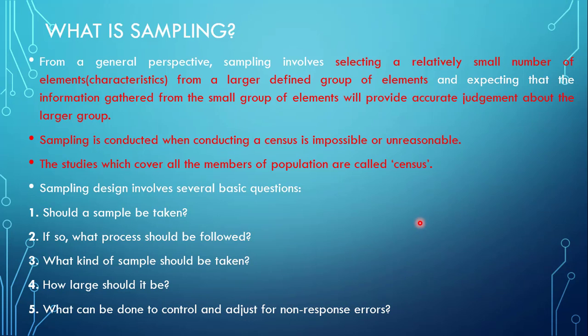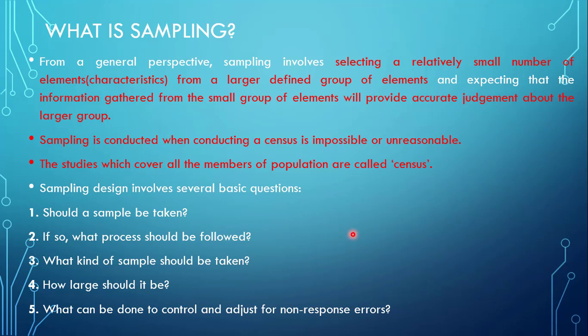Sampling is when you take a smaller representation from the population, and census is when you include the whole population in your study. A sample is the smaller portion of the elements, while the population is the whole bigger picture.